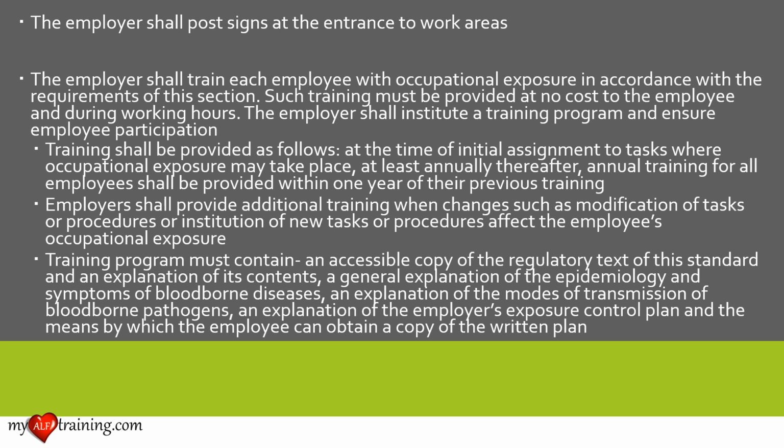The training program must contain the following: an accessible copy of the regulatory text of the standard and an explanation of its contents, a general explanation of the epidemiology and symptoms of blood-borne diseases, an explanation of the modes of transmission of blood-borne pathogens, and an explanation of the employer's exposure control plan and the means by which the employee can obtain a copy of this written plan.